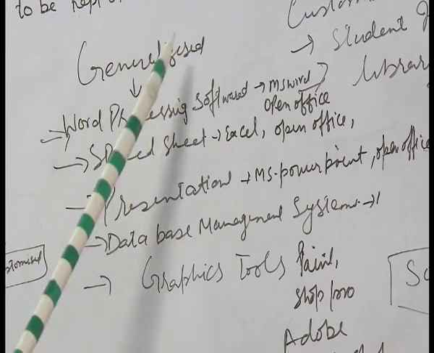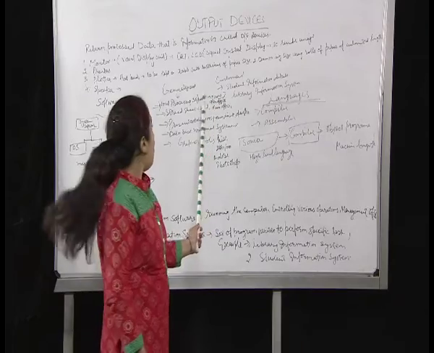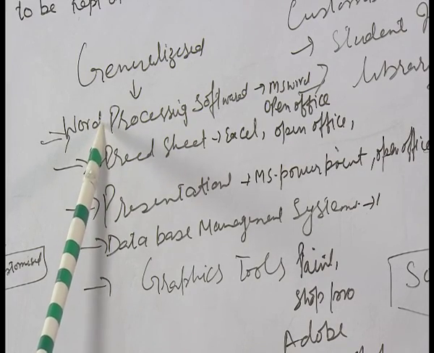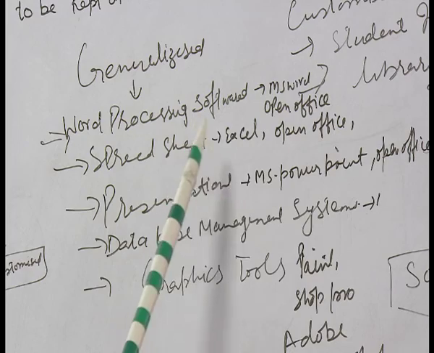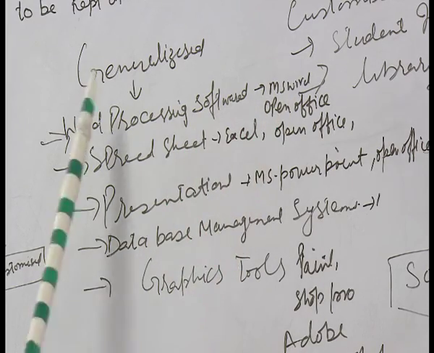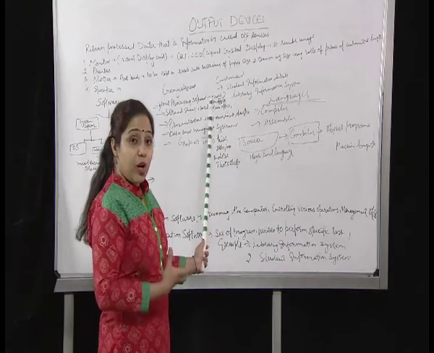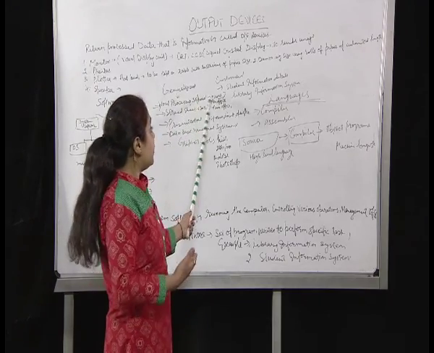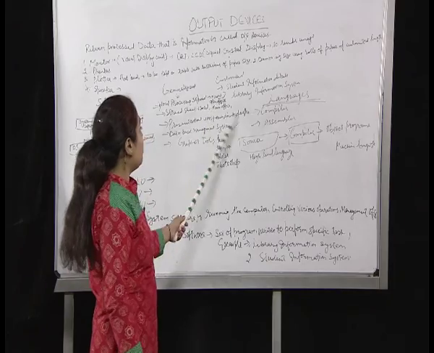In word processing we have MS Word, OpenOffice and all. Now we will use it later. Once we go through these sections, we will know the basics and the requirements, then we will go ahead and use MS Office, OpenOffice.